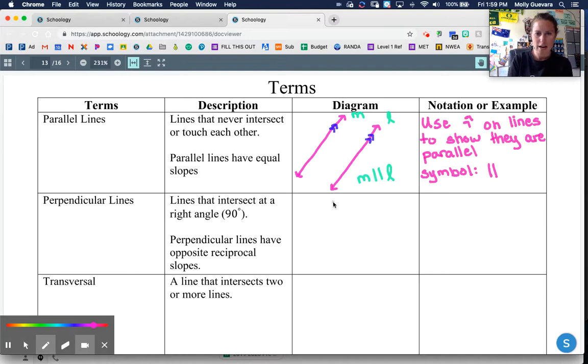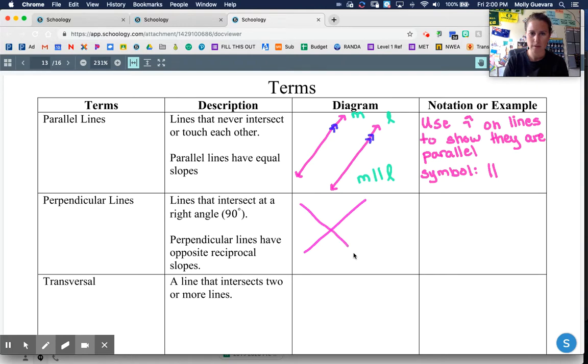If I have a straight line, right, like this, and actually let's make it more at an angle, right? So perpendicular lines don't have to be strictly up and down. As long as they cross at that right angle, I can have 2 lines that are perpendicular, even if the lines themselves are not perfectly vertical or perfectly horizontal.